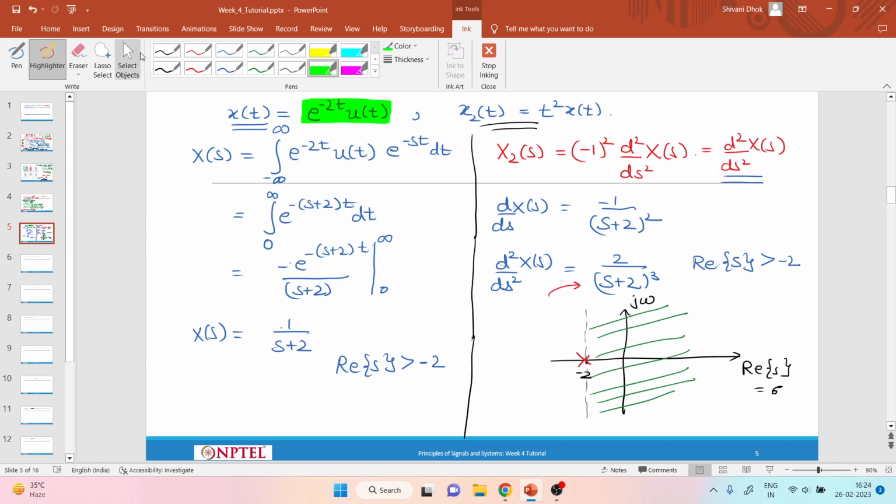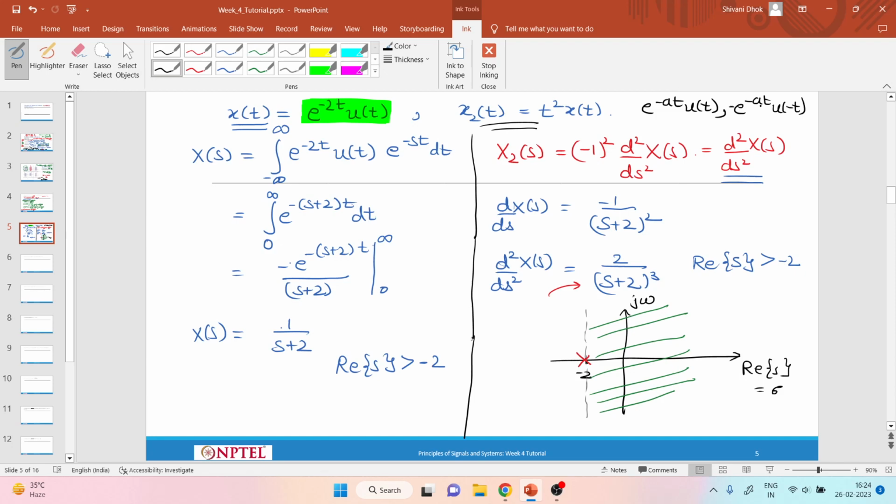Any signal of the form e power minus at u of t and e power minus at u of minus t, these are some standard signals. Also cos omega t u of t, sin omega t u of t, these are very common signals, and the Laplace transforms of these signals are well known.